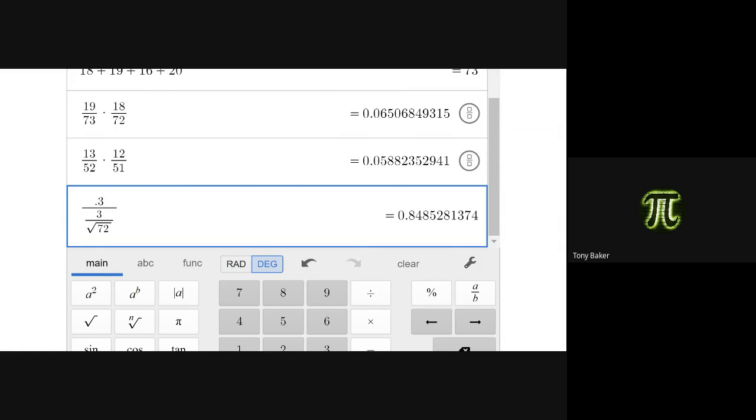So it's 1 point. Wait. Oh, yeah, it would be both sides in this case. You're right.